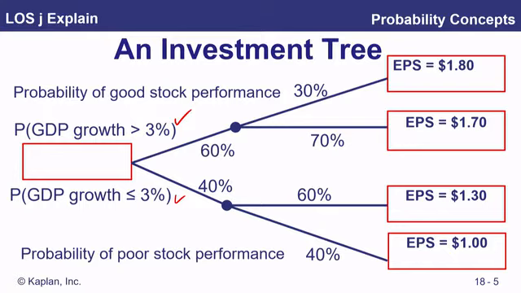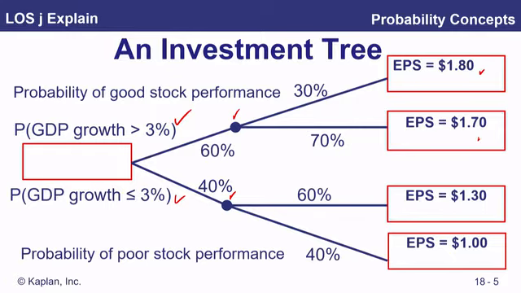But the tree part is now, given each of these first outcomes, we're going to further look at 2 possible outcomes from there. On our top branches of the tree, if GDP growth is greater than 3%, we expect earnings per share are going to be pretty good. There's a 30% probability they'll be $1.80, and 70% probability they'll be $1.70.